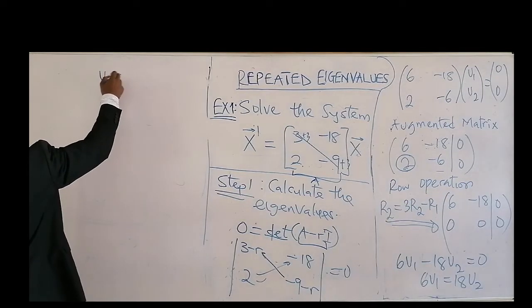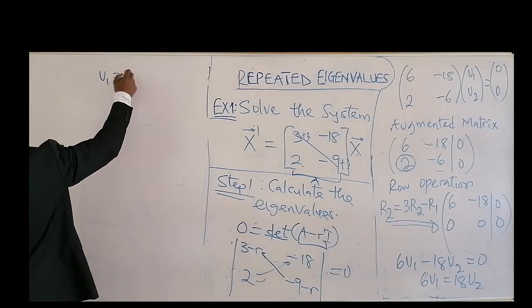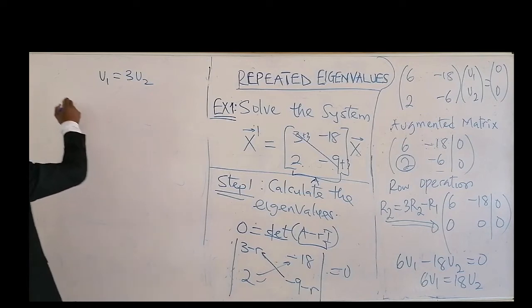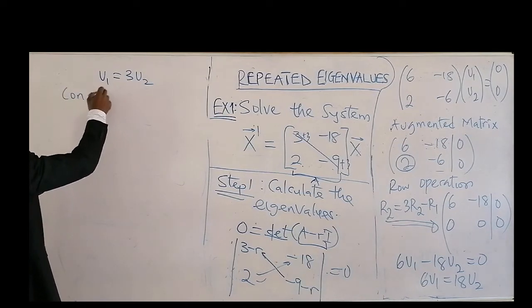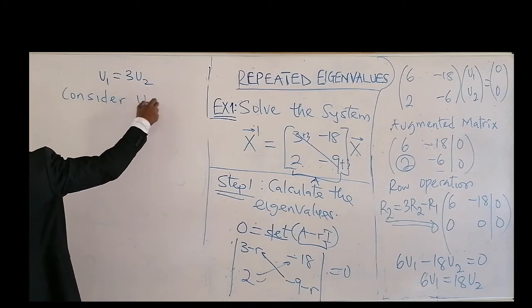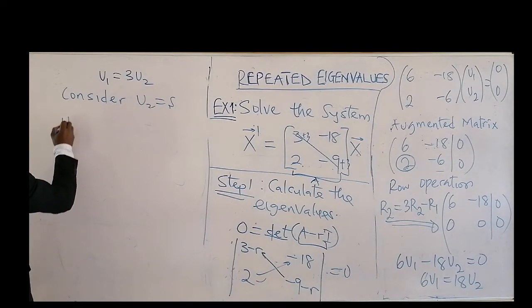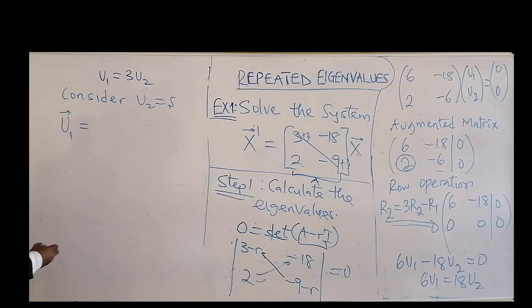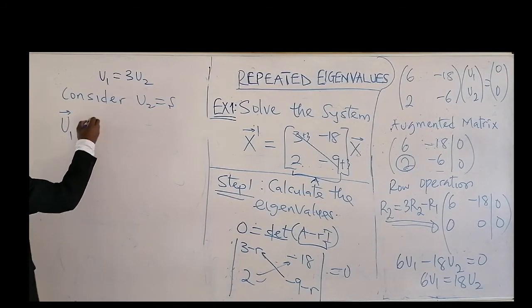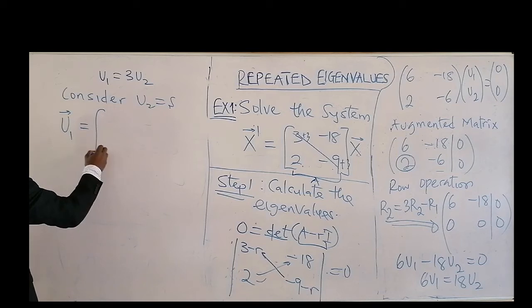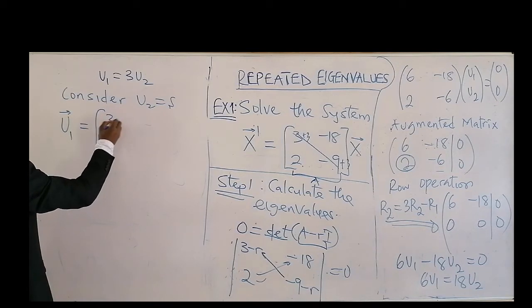So G1 is equal to 3U2. So consider U2 to be x. So the eigenvector will be equal to U1 is 3x and U2 is x.